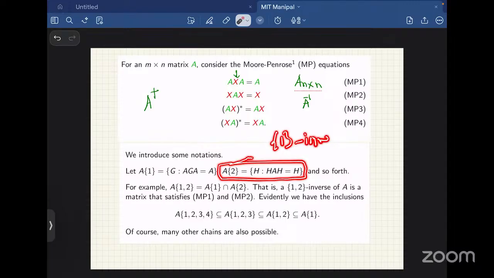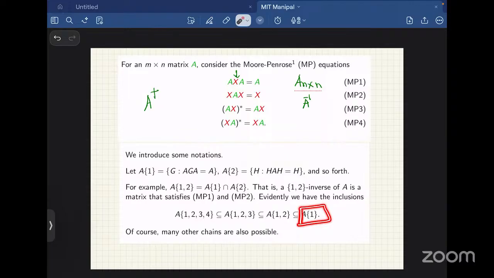If the first and second equations are both satisfied, then we say 1,2-inverse. There can be so many matrices which are 1-inverses. When two conditions are required, the collection becomes smaller. Then we have the collection of 1,2-inverses.